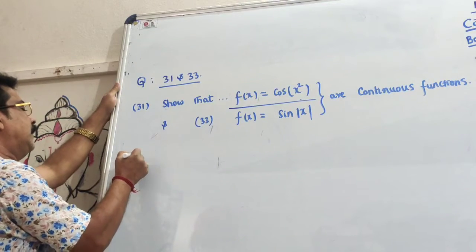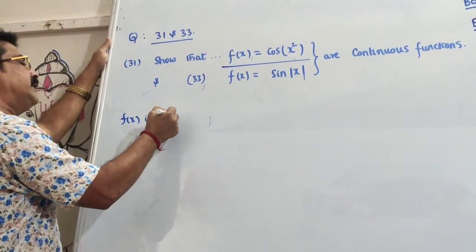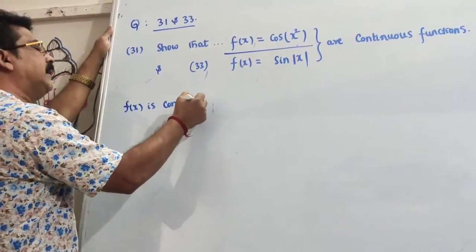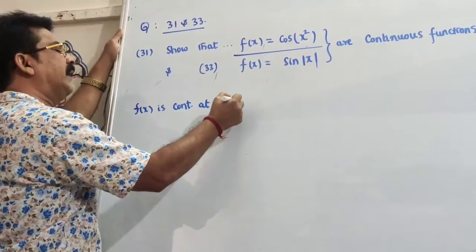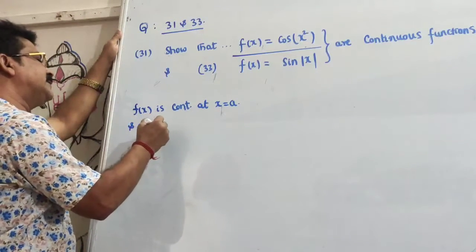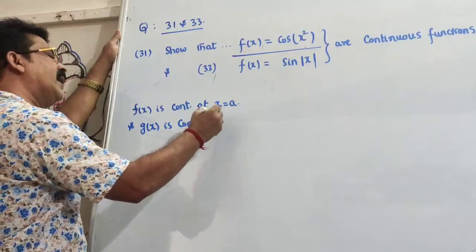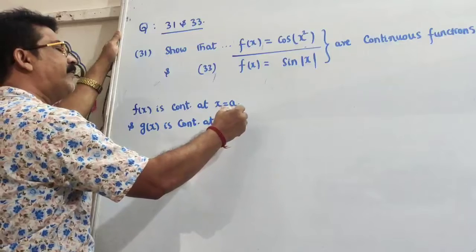For example, f of x is continuous at x equal to a and g of x is continuous at f of a.